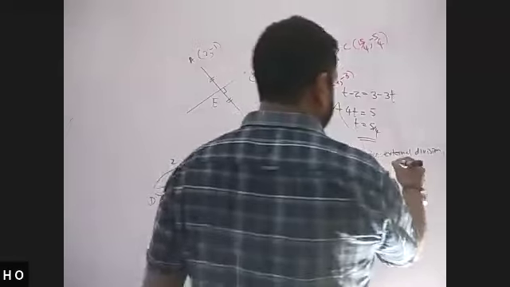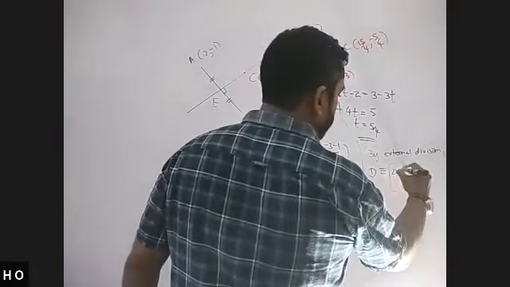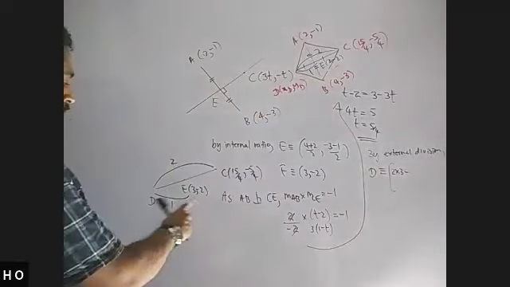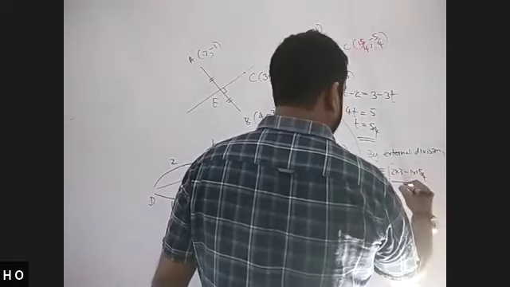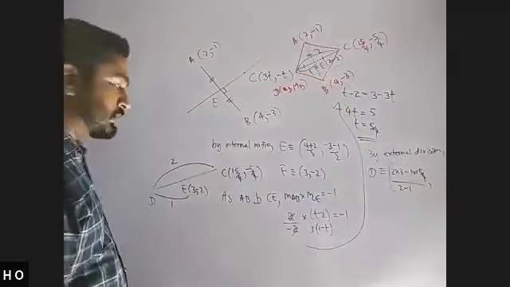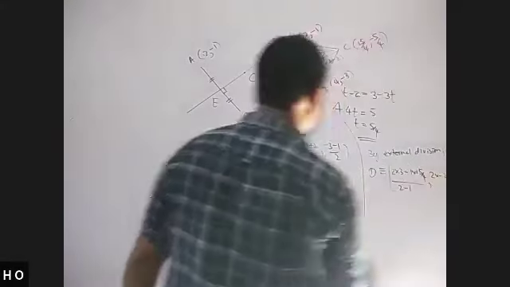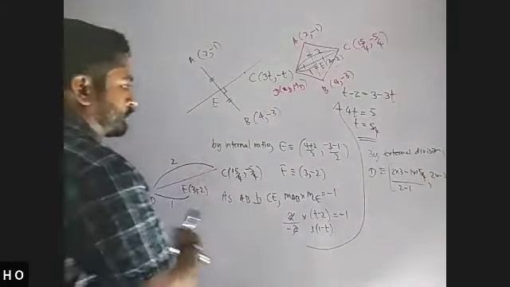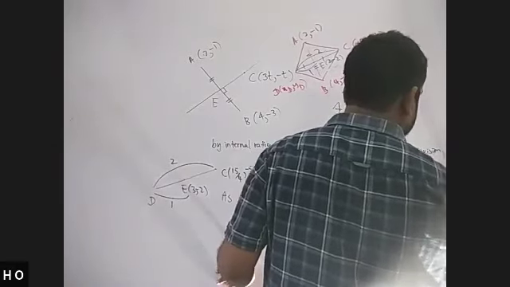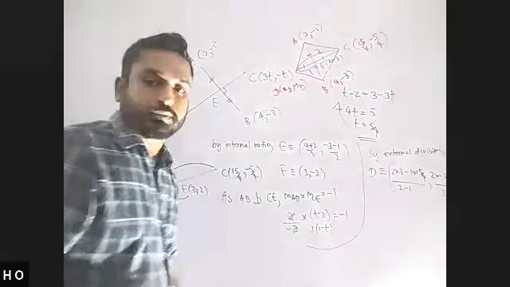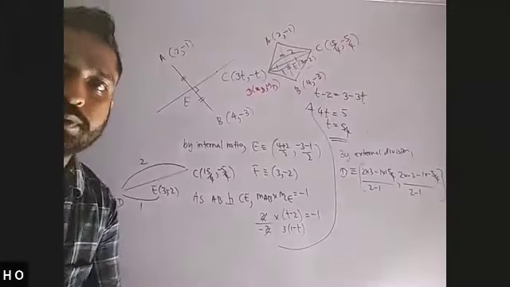So D is going to be 2 into 3 minus 1 into 15 by 4 over 2 minus 1, comma, 2 into minus 2 minus 1 into minus 5 by 4 over 2 minus 1.